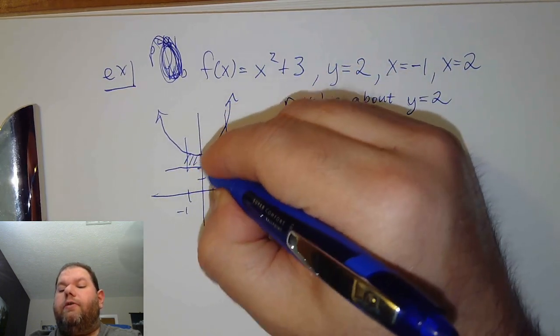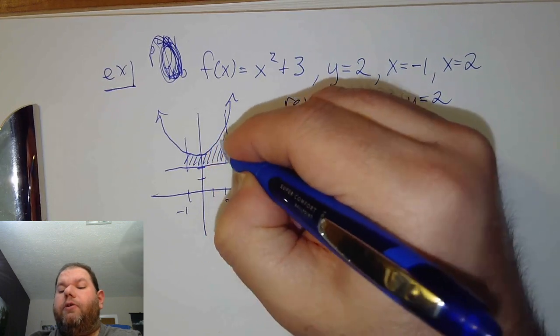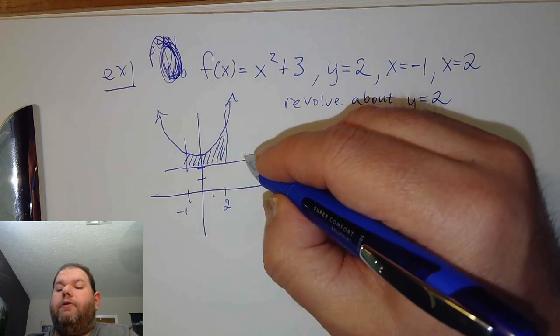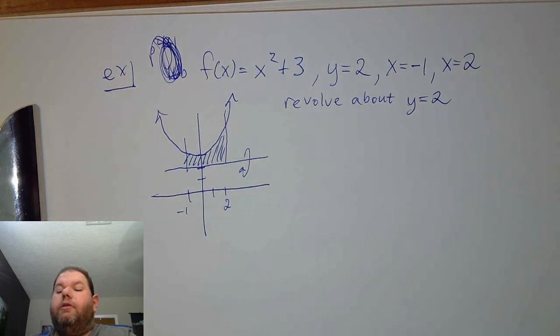And so that is going to enclose this particular shape. And we're going to revolve that around this line y equals 2.